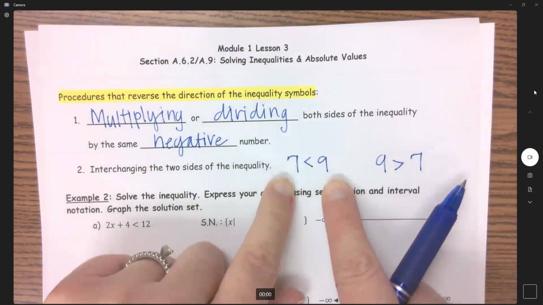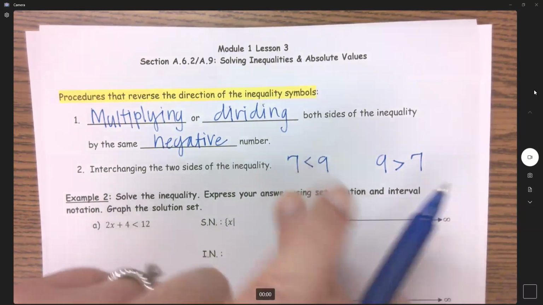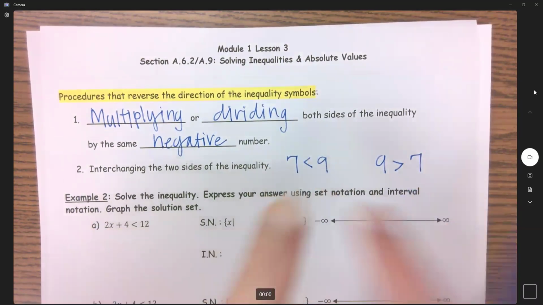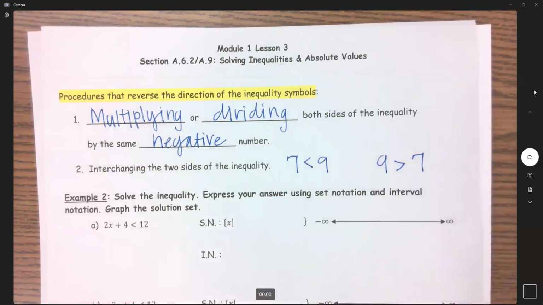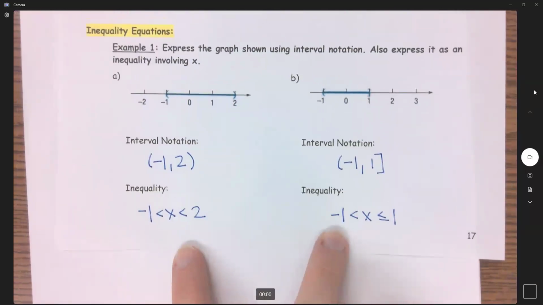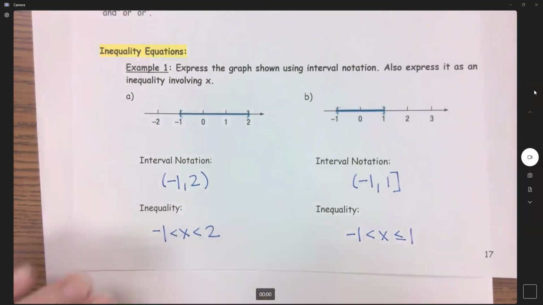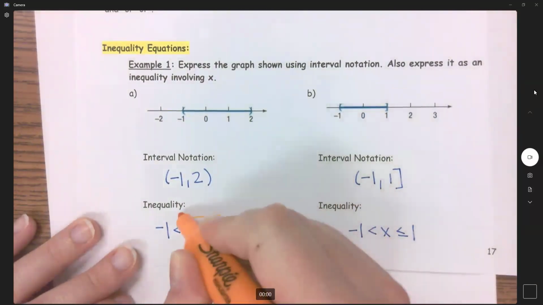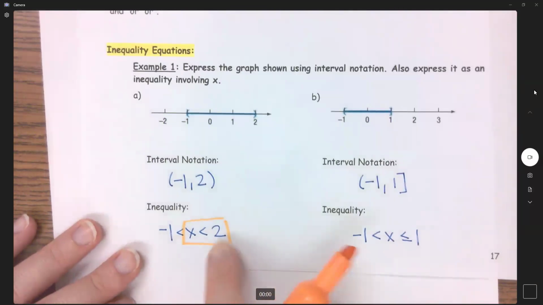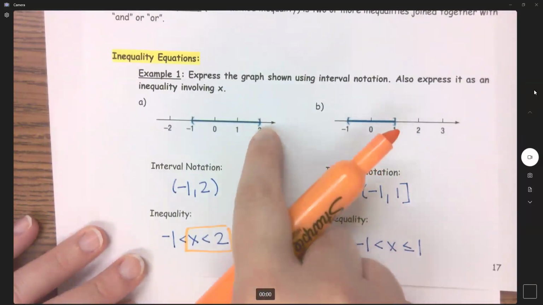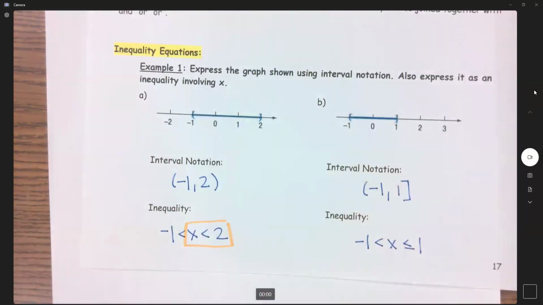So if we flip our numbers, we need to flip that inequality. Or if we have something like on that previous page, actually, let me show you. On the previous page, we wrote these inequality symbols. Why does this work? Well, this one right here is in the right form. X is less than 2, so you have that 2 shading everything less than 2.